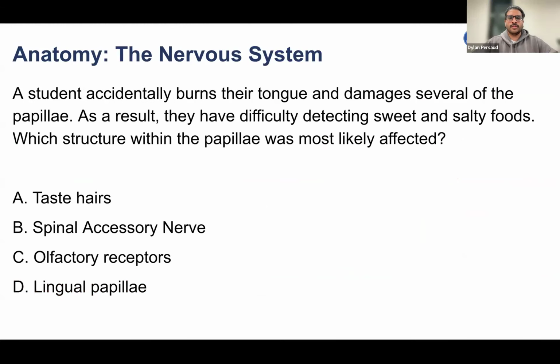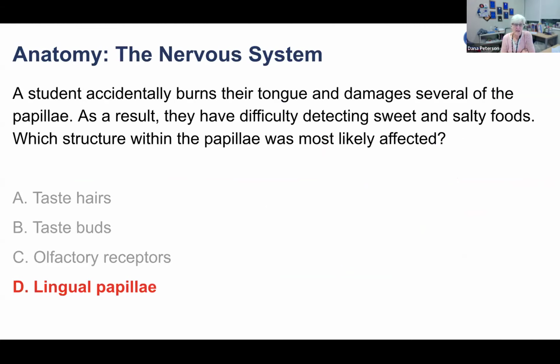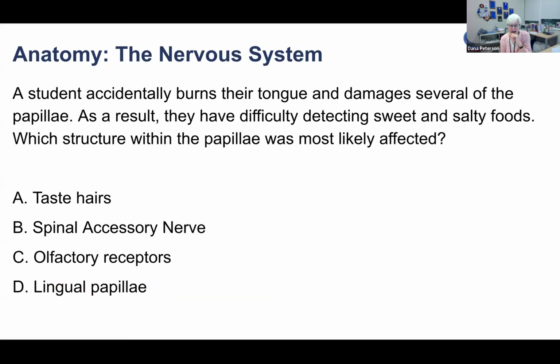Okay, so you had a lot of students who thought it could be either the taste hairs or the olfactory receptors. But your stem question asks which structure within the papillae was most likely affected. I know you mentioned you thought you had changed that, but let's talk about that really quickly.